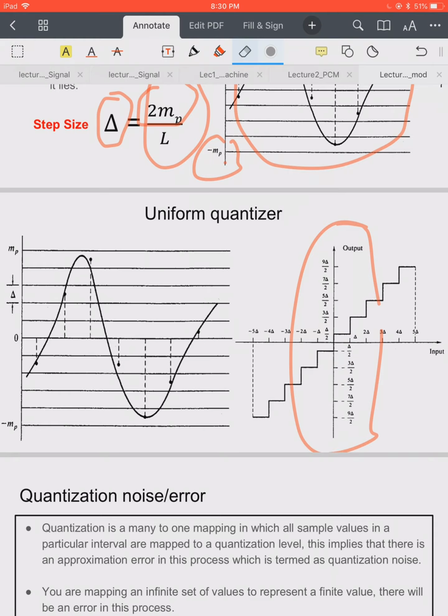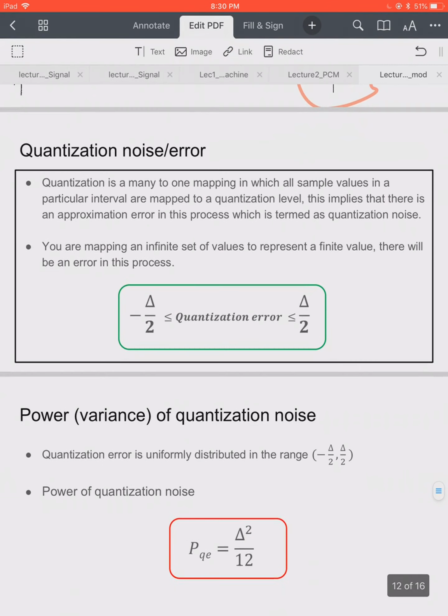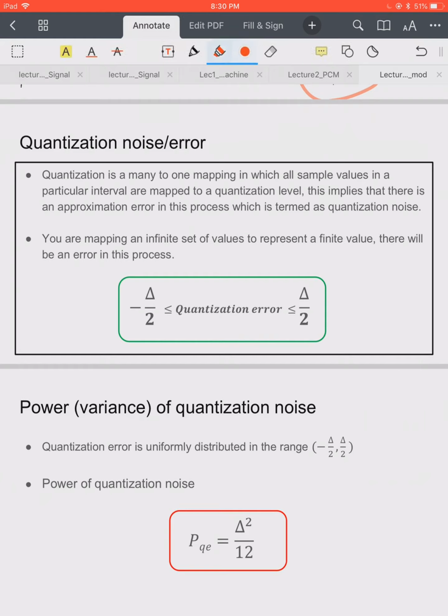Now I'm going into the next aspect of quantization. Let us look at the notion of quantization error or quantization noise, which is a very important metric that determines the performance of the quantizer.